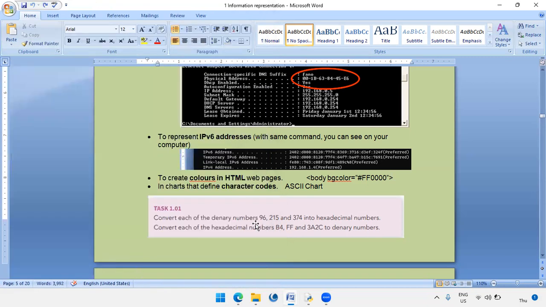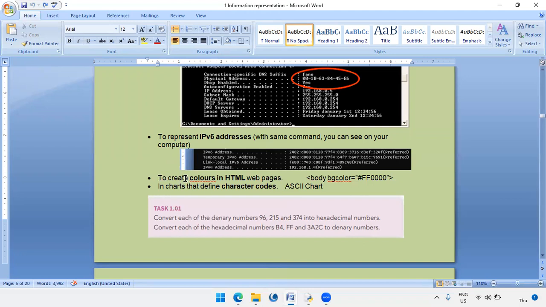Then for an IPv6 address, the top one, you have a set of numbers using hexadecimal digits. Sorry, 8, not 6, a set of 8 numbers. That's the format for an IPv6 address. So for that also we use hexadecimal.